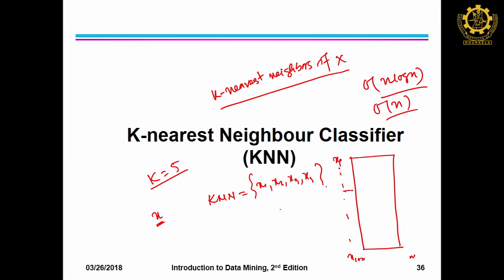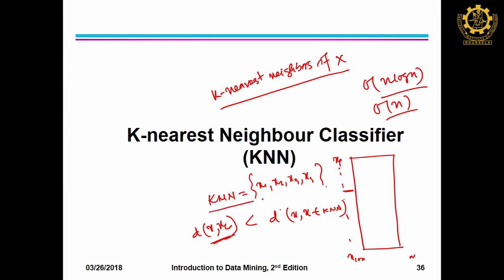Now, from the x6 object onwards, I compute the distance from x to x6, and if this distance is lesser than the distance from x to any point in the kNN set, then I will include the point x6 in this set, and I will exclude the point which has a greater distance than x to x6.